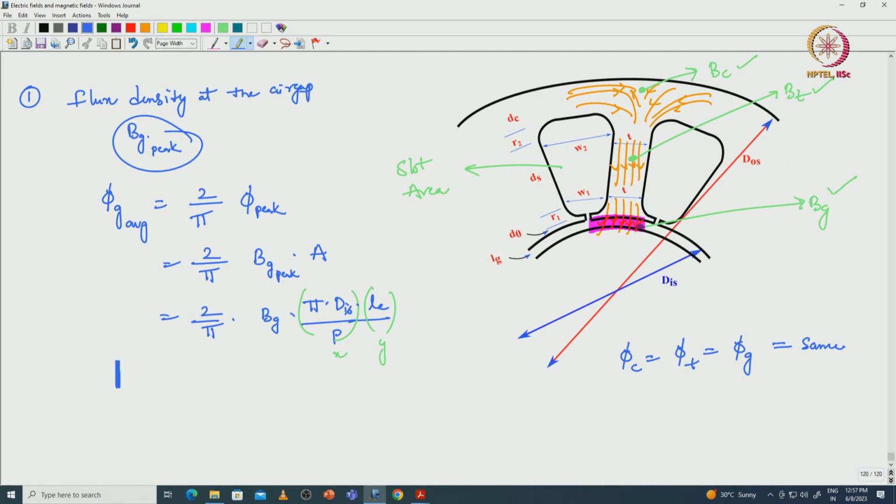Then Bg peak equals flux average into P divided by 2 into d is into Le. This is equation number 1.